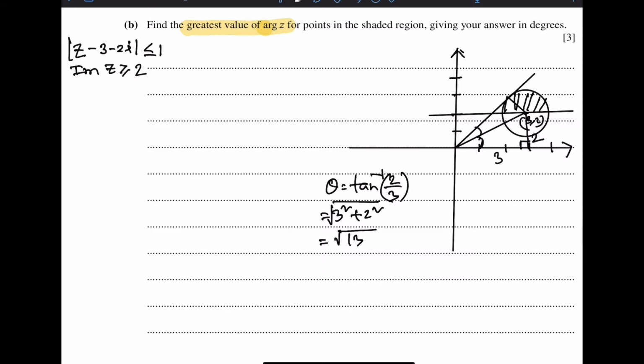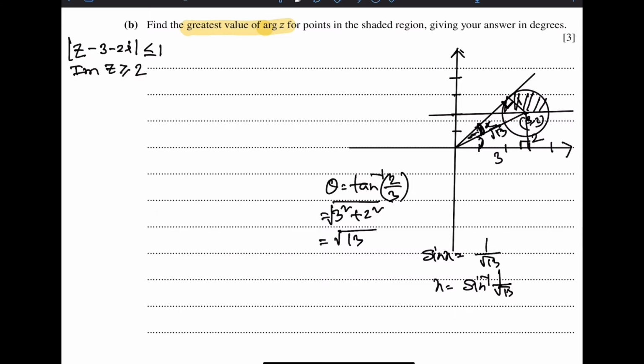Now this is radius 1. So if we wish to find this angle, this is 90 degrees. Let me consider this angle is x. So sin x equals 1 by root 13, and x equals sin inverse 1 by root 13.